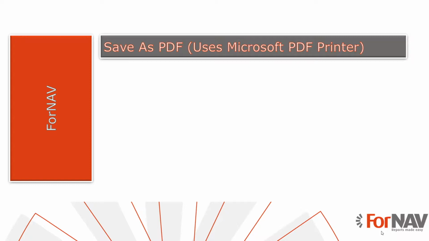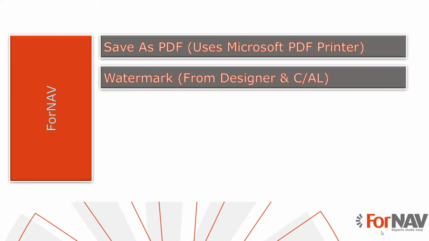The Microsoft PDF printer comes for free, pre-installed if you use Windows 10 or Windows Server 2016. If you use Windows Server 2012, the Microsoft PDF printer is not installed by default. If you want to save a PDF when running on Windows Server 2012, you have to either install Bullzip or another PDF printer.